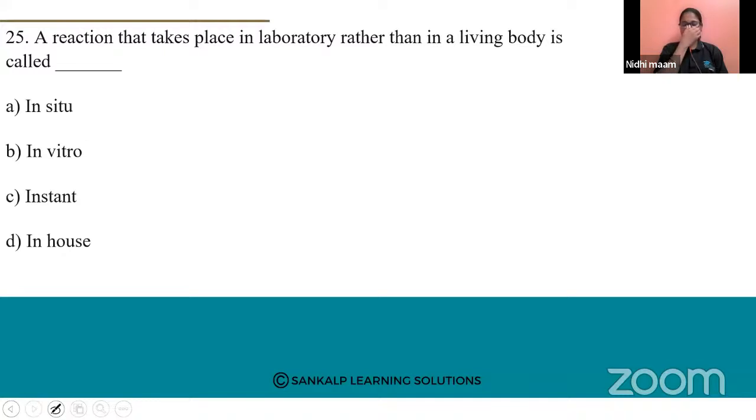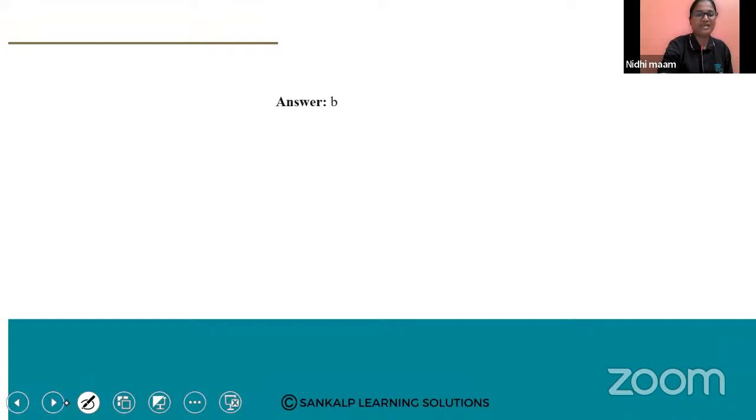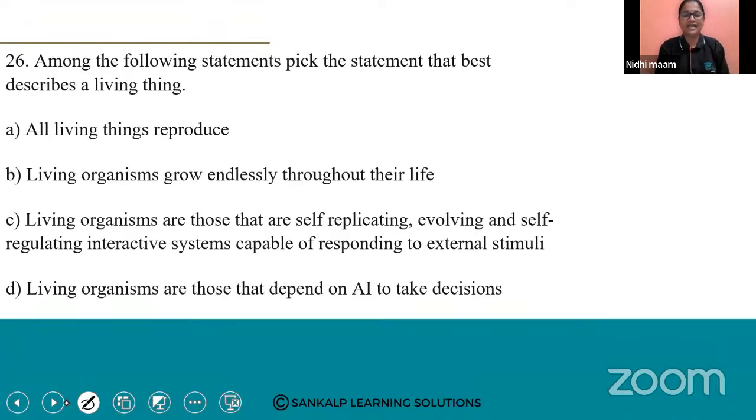Option B. Don't confuse with option A. In situ conservation is something different. That will come in biodiversity and conservation. In vitro. Vitro means lab. Inside the lab. So in vitro conditions. Those who said option B, they are right. Next question.